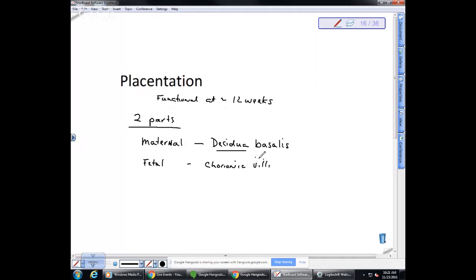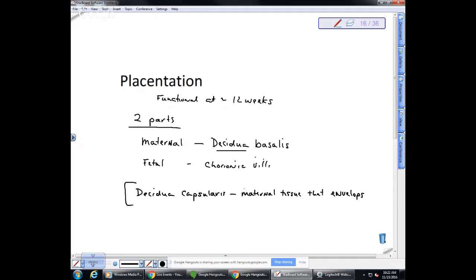Okay. Now there's another part that's actually not part of the placenta, but is important because it's maternal tissue that encapsulates the developing fetus. This is called the decidua capsularis. I'll just put this in parentheses. The decidua capsularis is maternal tissue that envelops the embryo.